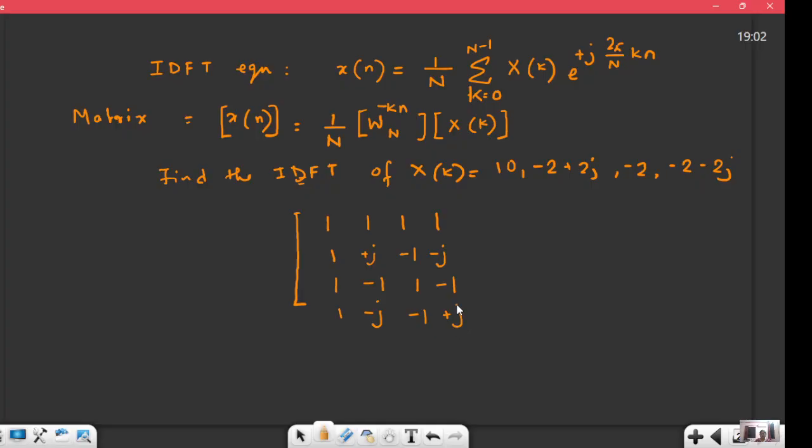So this is the inverse Twiddle factor matrix required for taking the inverse of the DFT, and we will write x of k as given.